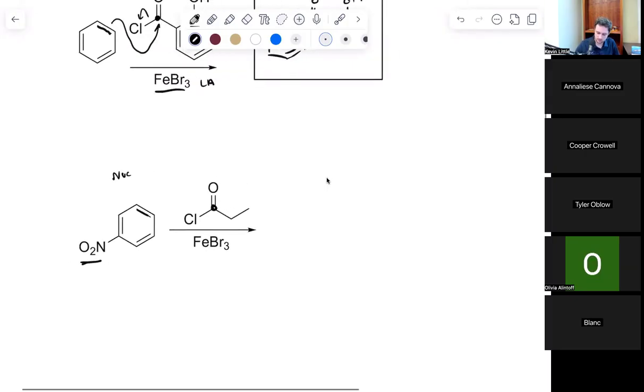If I think about this, the benzene could either add here, or I could have this double bond attack, or I could have this double bond attack, right? I could form all sorts of products here. I'll just draw all the possible products.